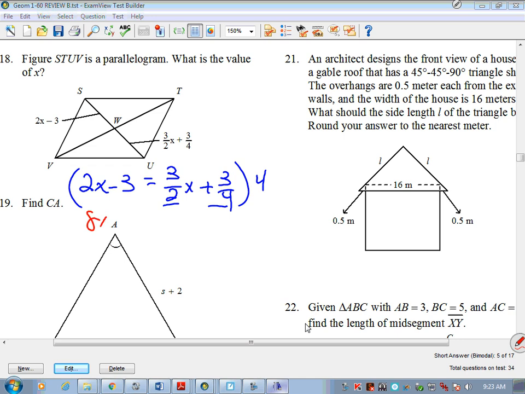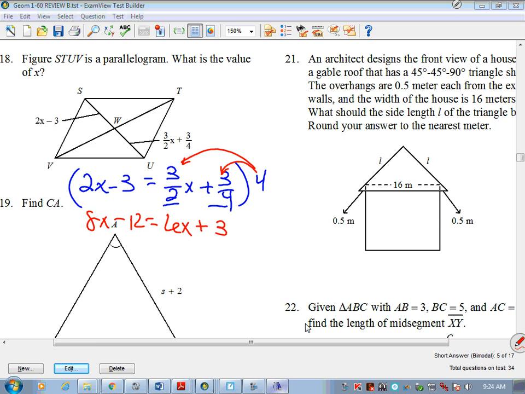So I'm getting 8x minus 12, 4 times 3 is 12. 12 divided by 2 is going to give me 6x. 4 times 3, again, is 12. 12 divided by 4 is 3. So I'm getting something where it's all kind of straight across.